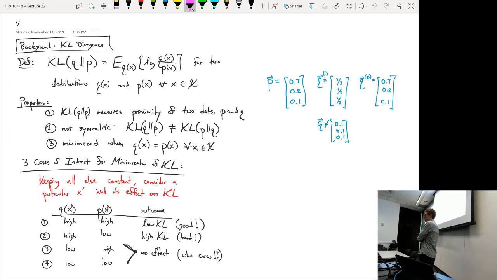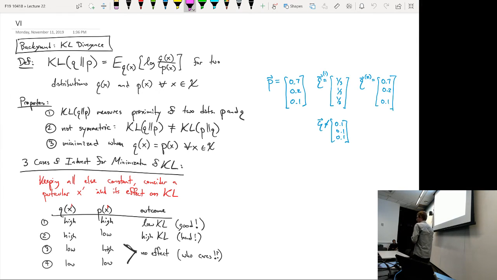This is one of the key properties of KL divergence that makes it different from other metrics we're used to reasoning with, like Euclidean distance over two vectors: we have this constraint on the actual distribution vectors.